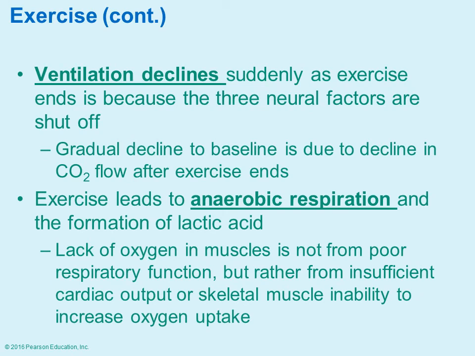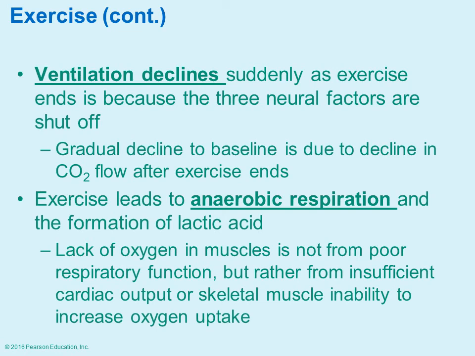And there are times when there's not enough oxygen in the muscles, and so it switches to anaerobic respiration. In that process of anaerobic respiration, you form lactic acid. That's going to have an effect also on lowering the blood pH.